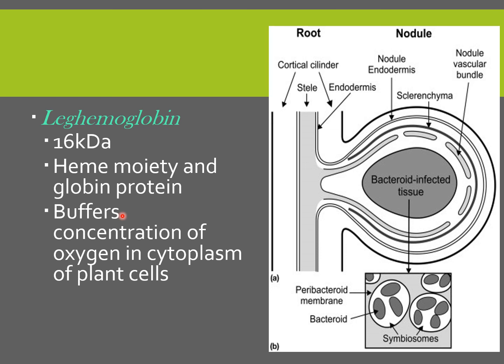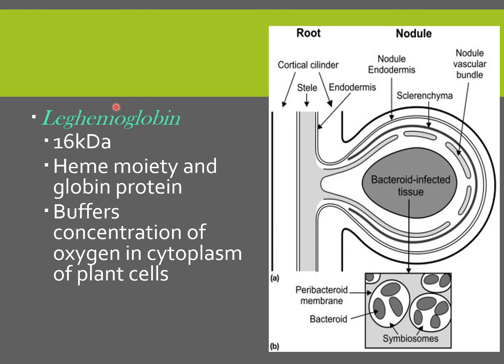And nitrogenase is oxygen sensitive, so leghemoglobin keeps the oxygen concentration low, just enough to allow nitrogenase to function, but not so high that it stops. So nitrogenase is functioning, aerobic respiration is happening, and ATP production is happening. That is the purpose of leghemoglobin.